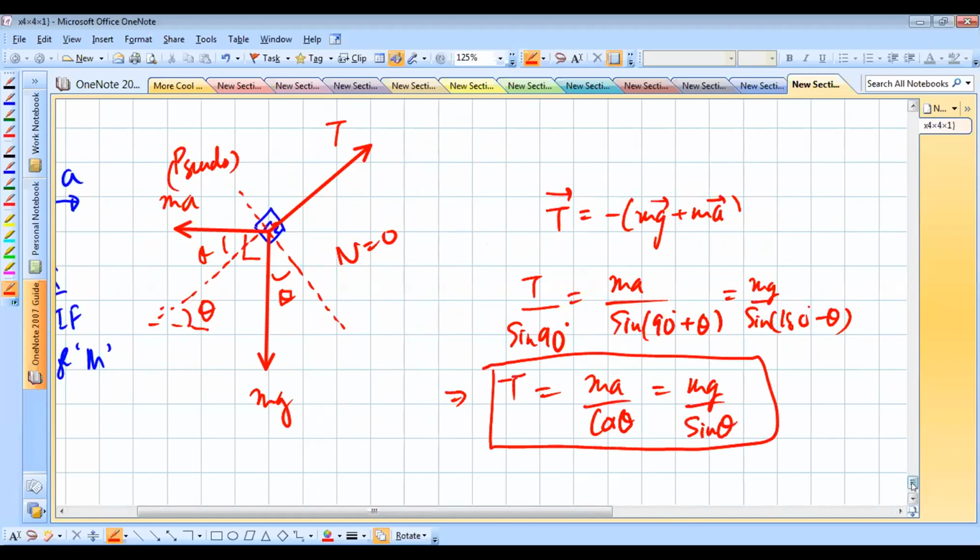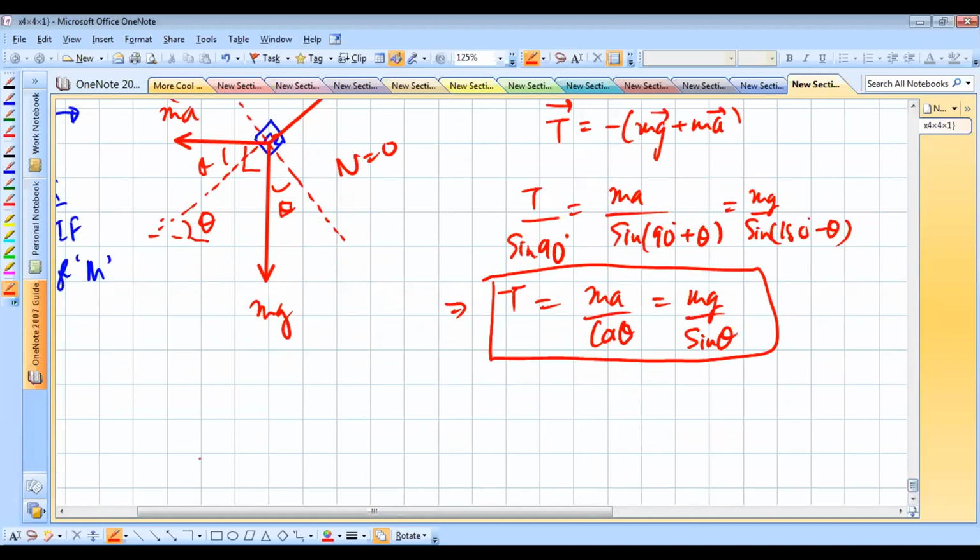Now we'll also see the net horizontal force on the wedge. That's okay. So once I get this, from this I'm getting A as g cot theta. So this is coming from that theorem that the vector sum of three forces is 0. And the condition is Lami's theorem, or that sine rule for a triangle.